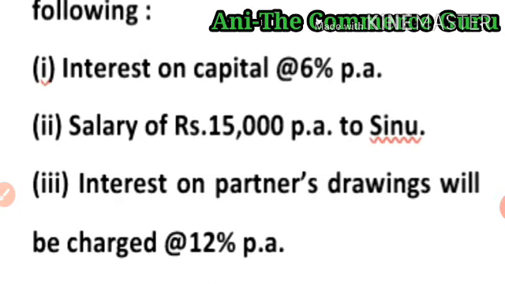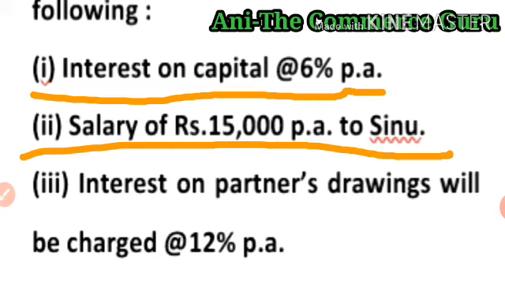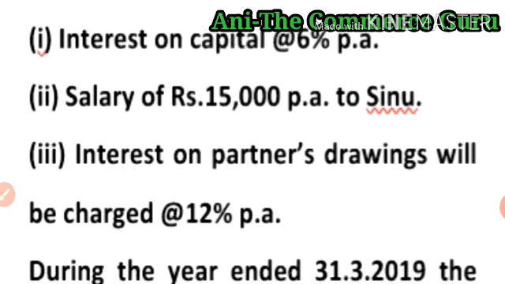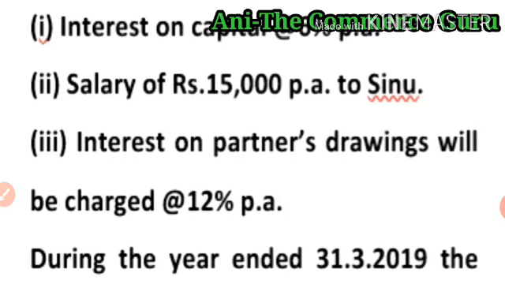So 2 appropriations of profit given there, and interest on partners' drawings also given as per partnership deed. Points once again: interest on capital at 6% per annum, salary of rupees 15,000 per annum to Sinu, and interest on partners' drawing will be charged at 12% per annum.